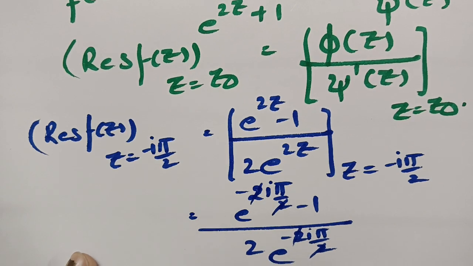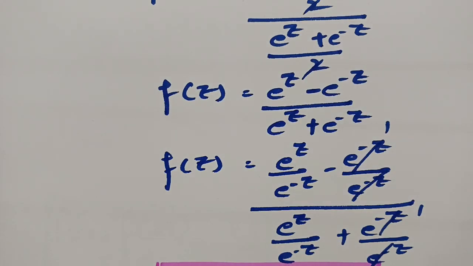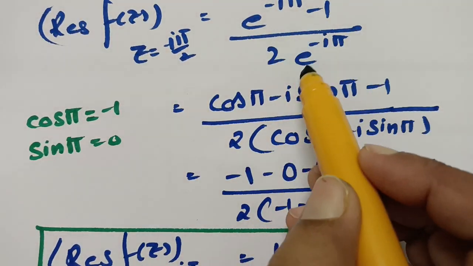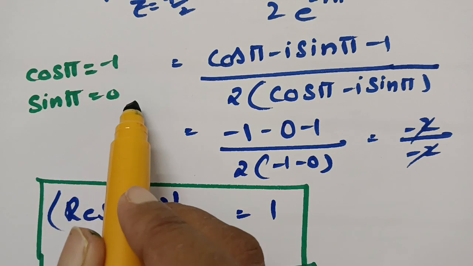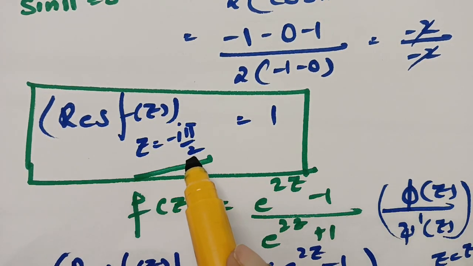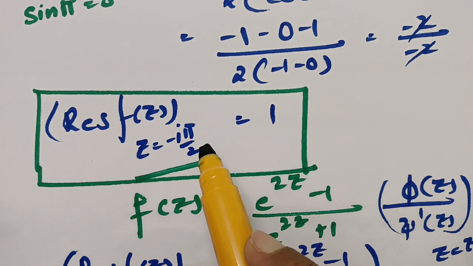If I cancel and substitute the value, this is (e^(−iπ) − 1)/(2e^(−iπ)). So cos π is minus 1, sin π is 0. The residue value is equal to 1 at the pole −iπ/2.